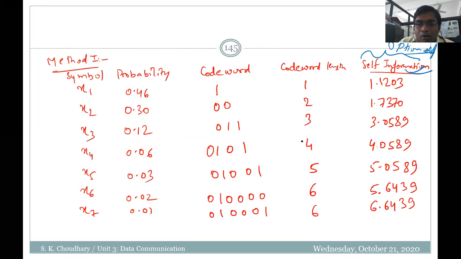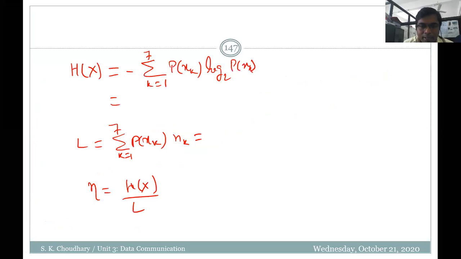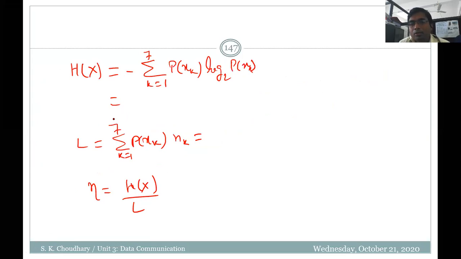Now we have to find the entropy. We know the formula of entropy: H(X) is equal to minus sigma, you can take k or j, whatever variable you want, from 1 to 7 because there are 7 symbols.